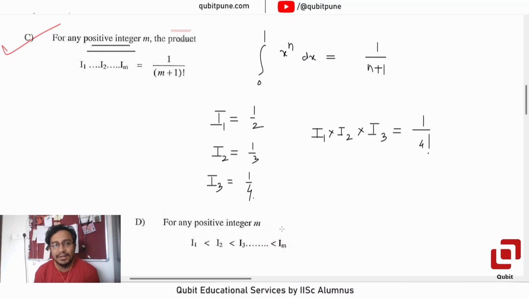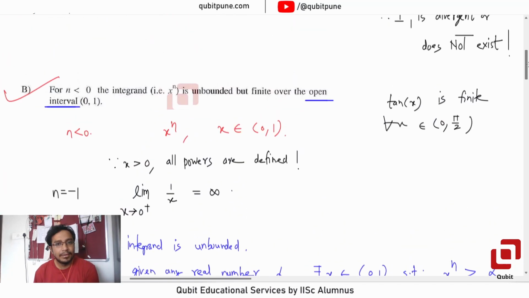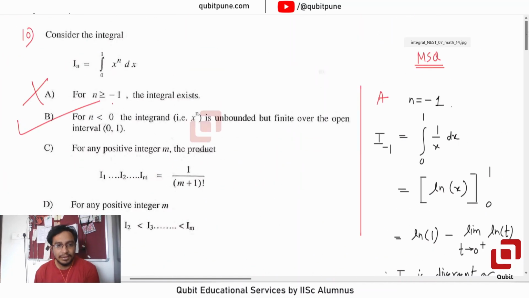Which one of them is greater? I1 is greater. Exactly. So will D be right? No. So C is right. B is right.